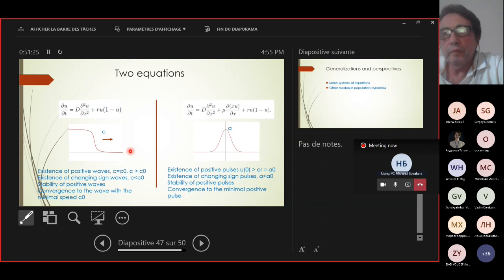The alternating sign, by the way, is exactly the same as here: existence of waves of variable sign for the value of c less than c0. Then, as for the wave, all these positive solutions are stable, and also as for the waves, if the initial conditions have finite supports, then the solution converges to the minimal wave here, to the minimal pulse. So this is all about the comparison of these two equations.